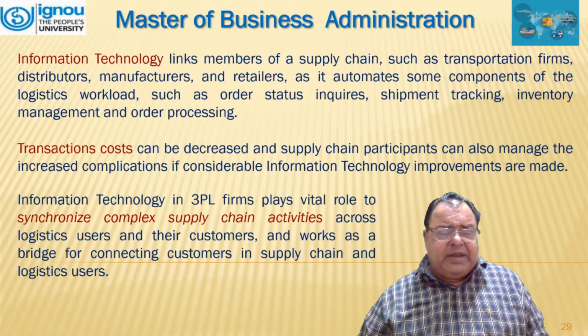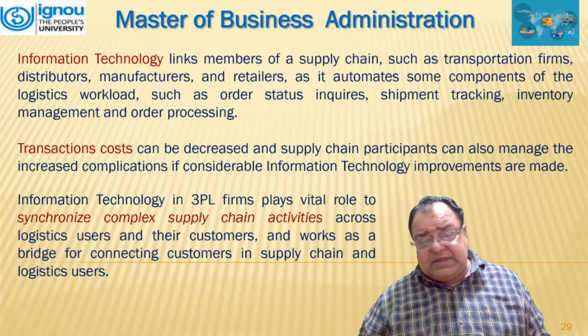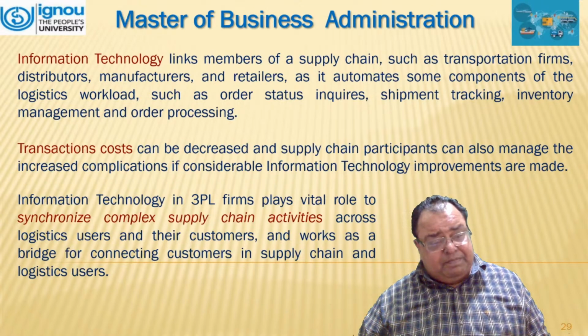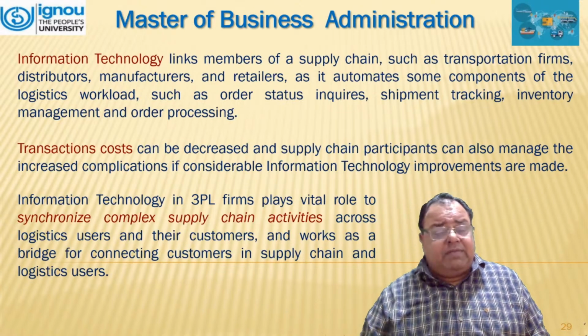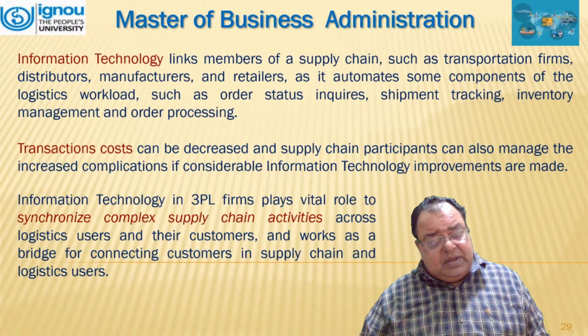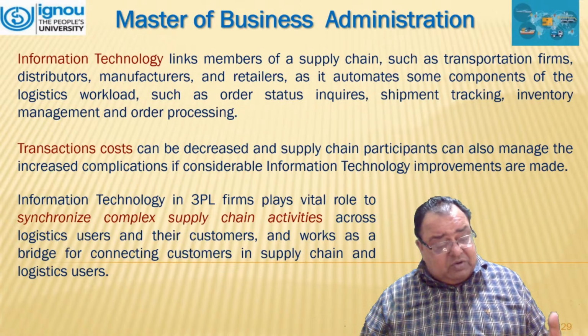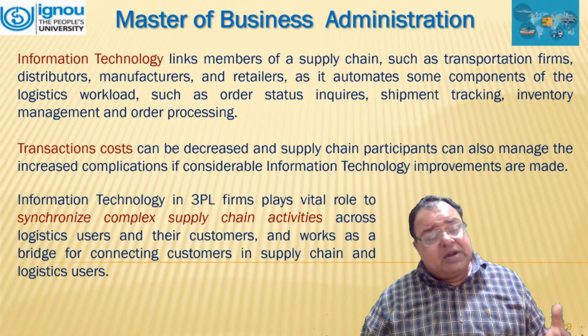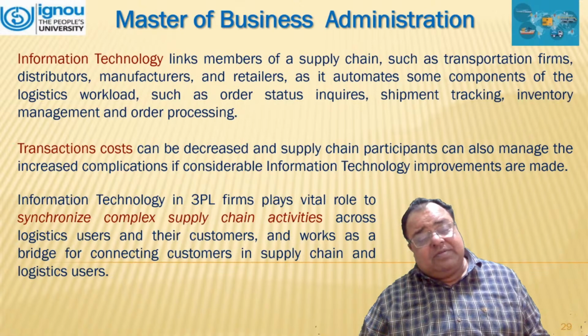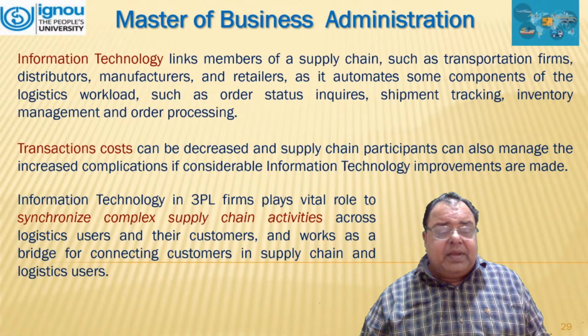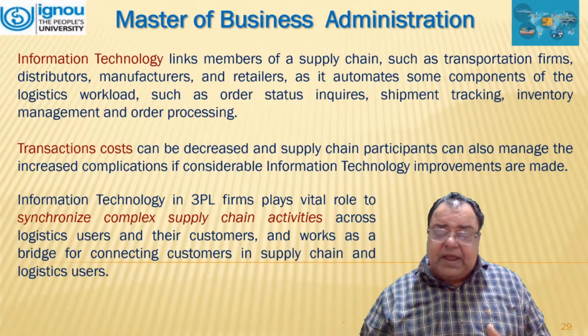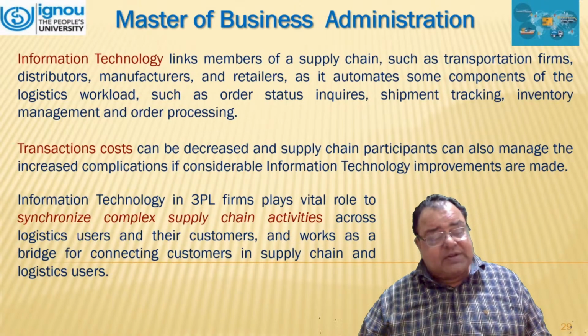Transaction costs can be decreased, and supply chain participants can also manage the increased complications if considerable information technology improvements are made. Information technology in 3PL firms plays a vital role to synchronize complex supply chain activities across logistics users and their customers and works as a bridge for connecting customers and supply chain and logistics users.